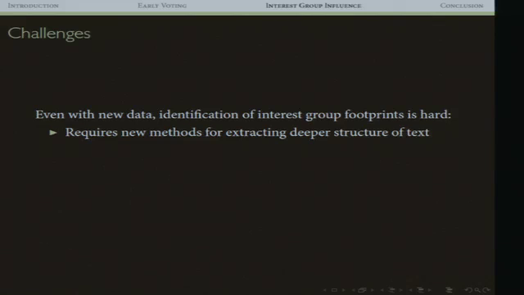So even with this new data, identification of interest group influence is really, really, really hard. It requires a whole range of new methods for extracting deeper structure of text that we just don't have, right?